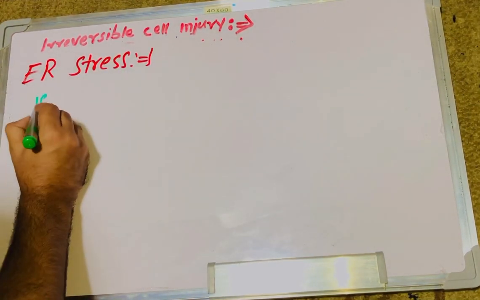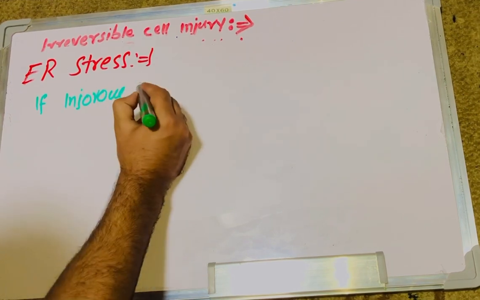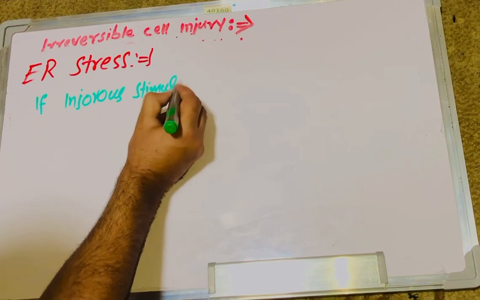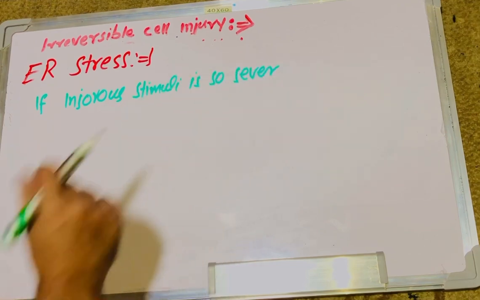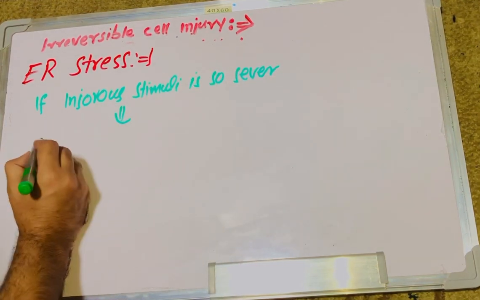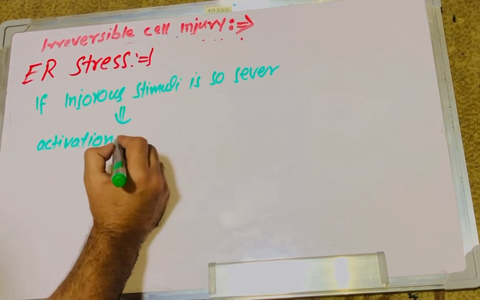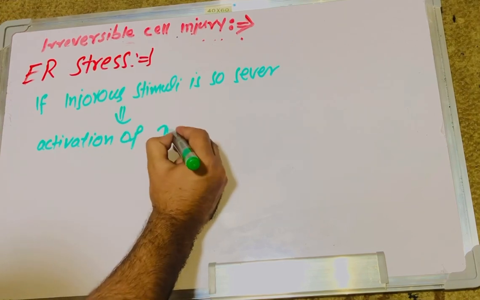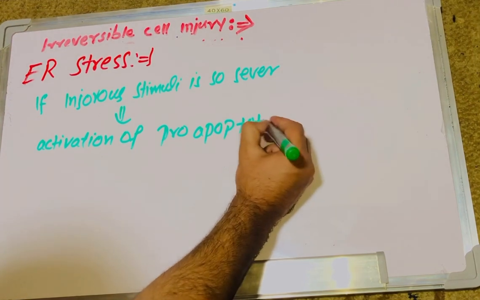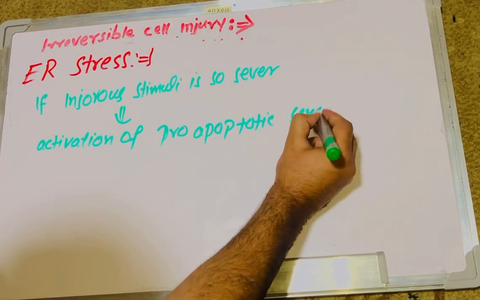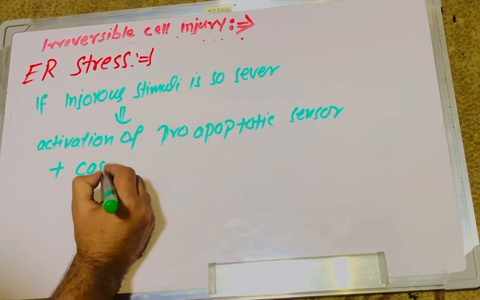But if the injurious stimulus is so severe, it results in activation of pro-apoptotic sensors plus activation of caspases.